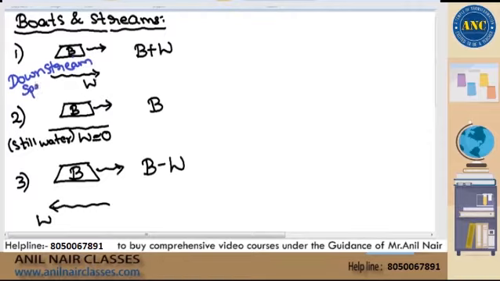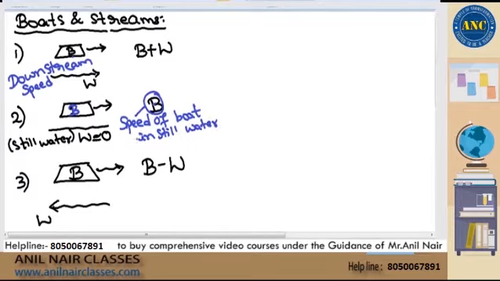If the boat and water are moving in the same direction, that is called downstream speed. If only the boat is moving in still water, such kind of speed is called B. B is nothing but the speed of the boat in still water.